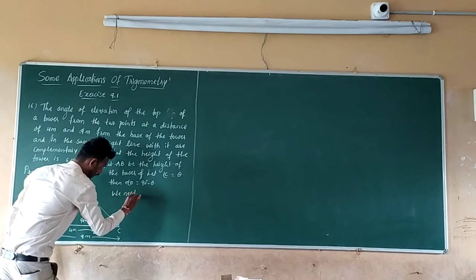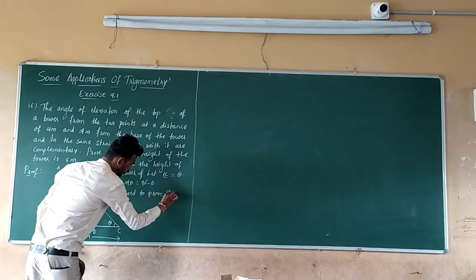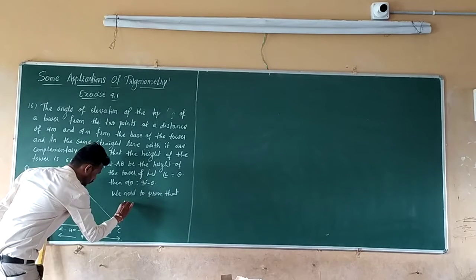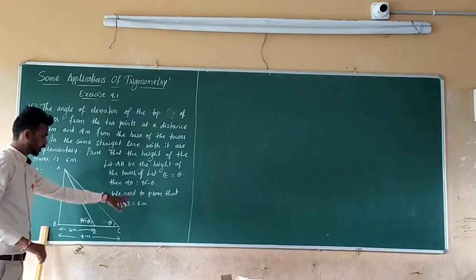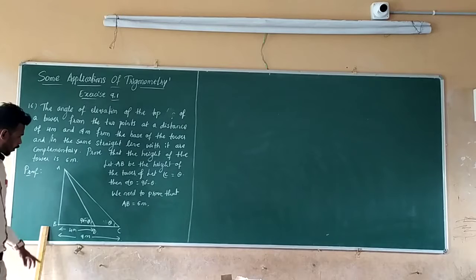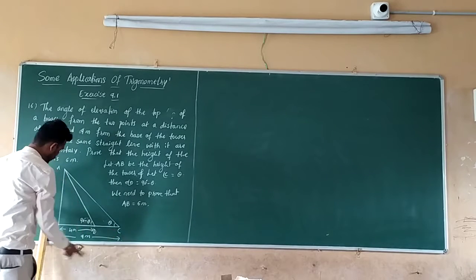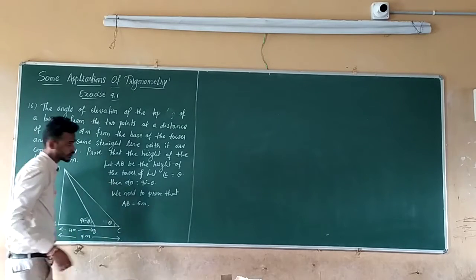The height of the tower, AB, equals 6 meters. Let us use the tan ratio, because we know the adjacent side and we need the opposite side, the height.